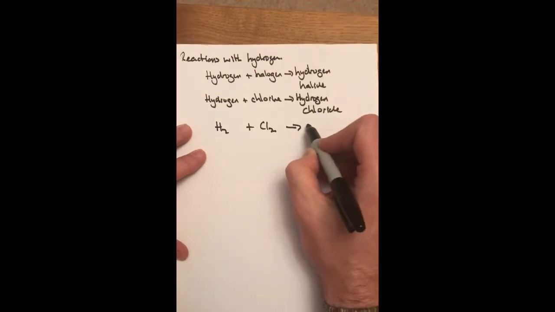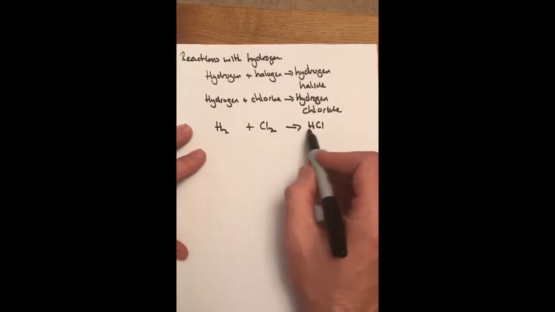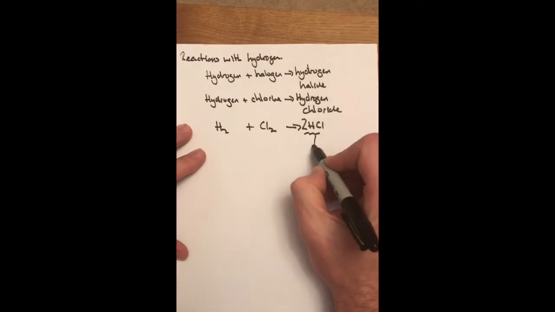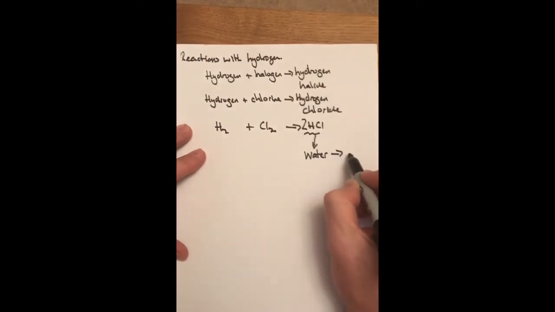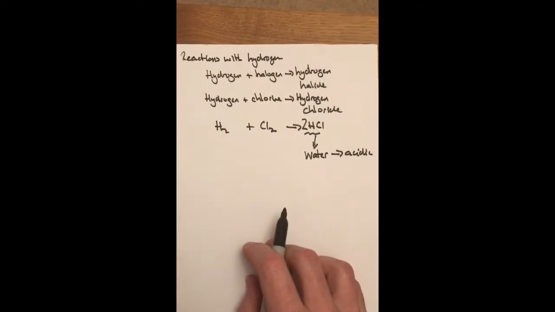This forms HCl. Remember, these are diatomic, so it's 2 and 2. That means we need to balance it. That means we need 2 of these. And if we take this and dissolve it in water, then it forms a solution which is acidic, okay, indicating the acid properties of the hydrogen halides in this example.